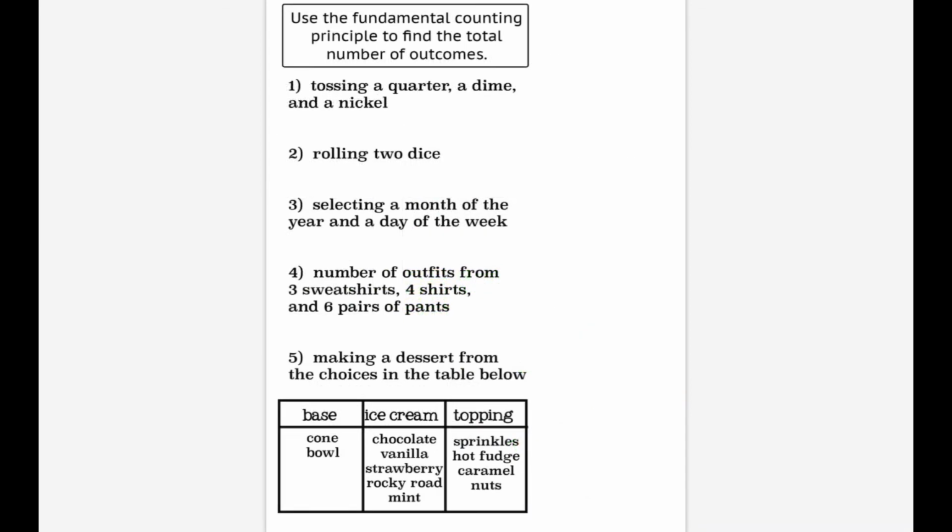All right, if you toss a quarter, a dime, and a nickel, let's see what would happen here. Well, let's see. A quarter, you have 2 outcomes, heads or tails. A dime, you have 2 outcomes, heads or tails. A nickel, you have 2 outcomes, heads or tails.